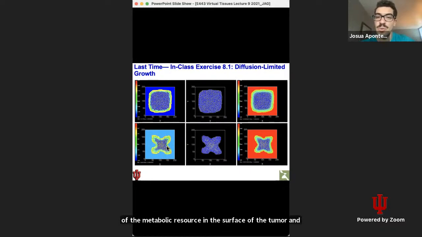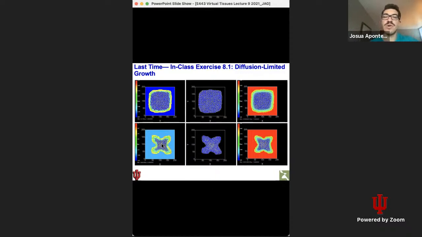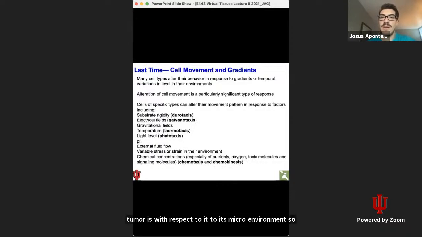And that's why you get this particular type of branching. By playing with the diffusion coefficient, or the diffusion length, and the uptake rates, you can arrive at different morphologies. There is at least one paper using CompuCell that explores and casts this morphology in terms of how invasive the tumor is with respect to its microenvironment. So that is just something to keep in mind.